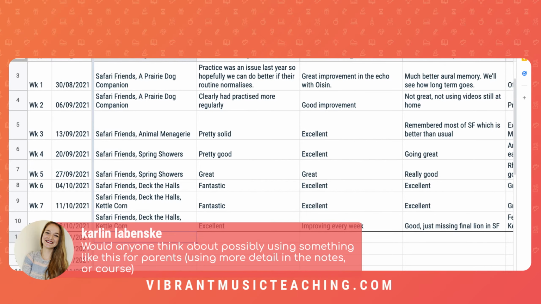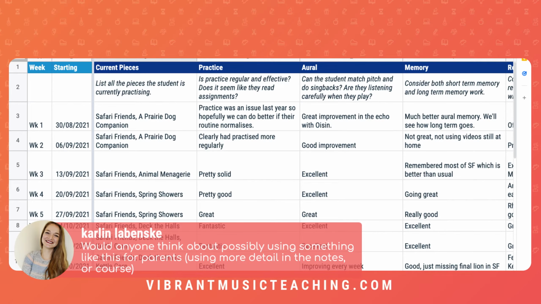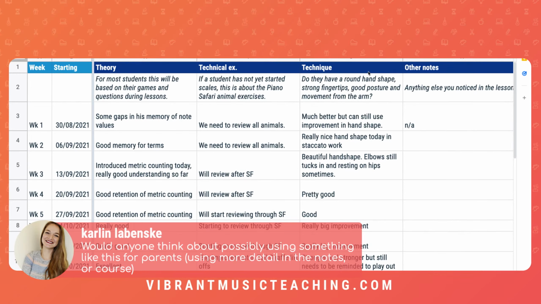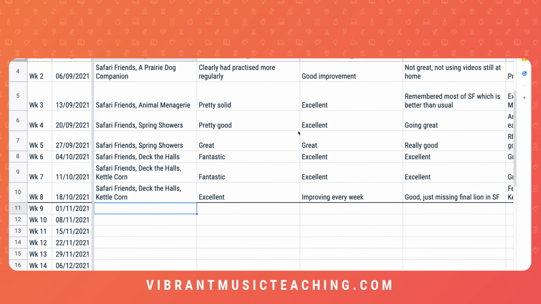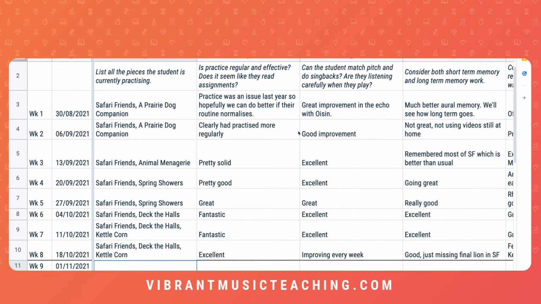We do reports for parents that follow these same kind of headings pretty much, actually, Carlin. So, not current pieces. Practice, oral, memory. These headings are pretty much what we use in our progress updates. Those are written out more as full sentences, like you're explaining, but they are basically summarizing the trends we've seen for the full term in a parent-friendly way and under the same headings.